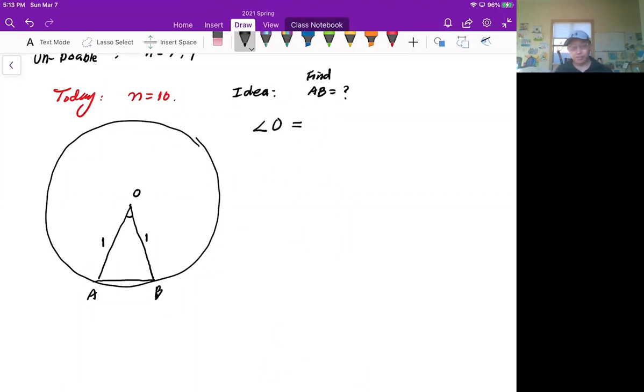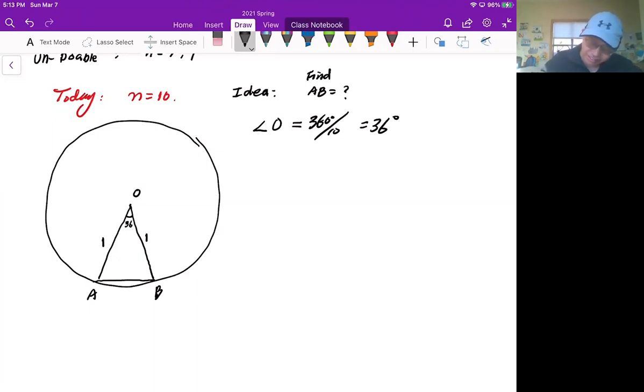If you don't know it, you have 10 sides, all equivalent. So the central angle altogether is 360 degrees, and you divide that by 10, that's 36 degrees. That's cool. So I know that this angle is 36.